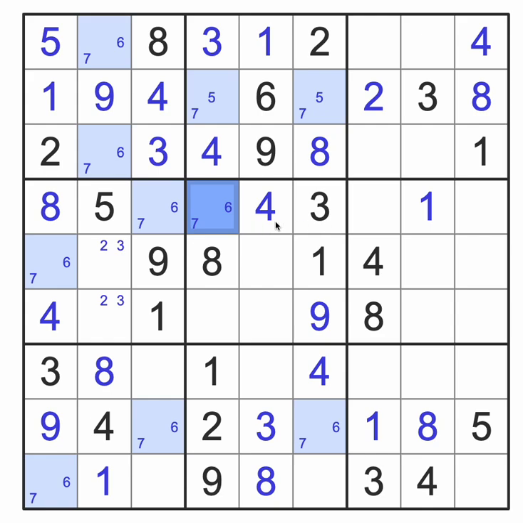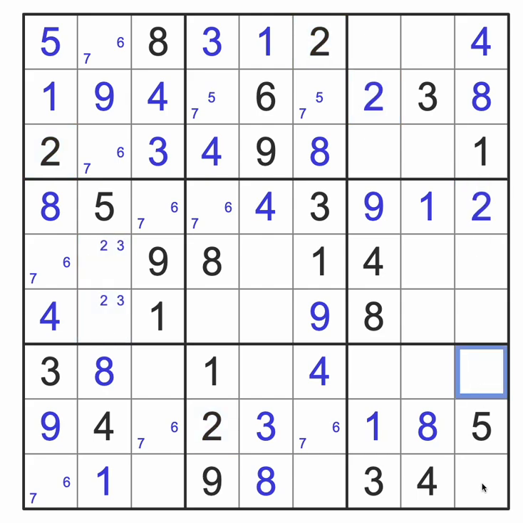Yeah, I think I used this 6, 7 double when I solved it for the first time, so let's go with that. 6, 7 double here gives me 2, 9 double. And this cell is blocked by 2 in box 3. Gives me 9 here and 2 here.